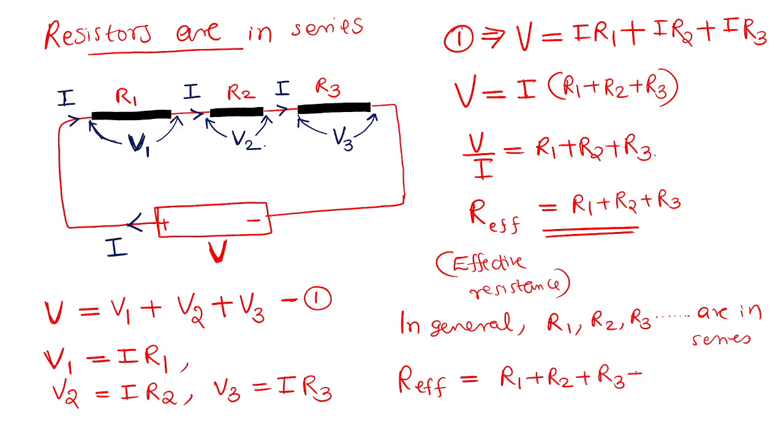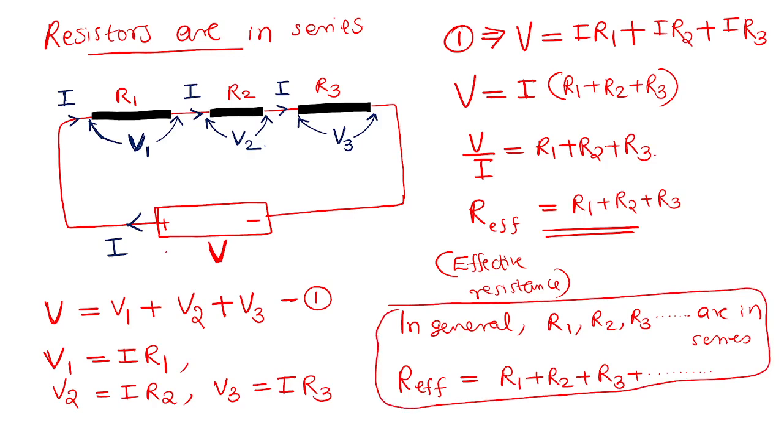Simply adding all the resistances together, we will get the total resistance. Total resistance means V by I, the battery voltage by battery current. This is considered as the total resistance. So each individual resistance value is to be added, and we will get the total resistance.